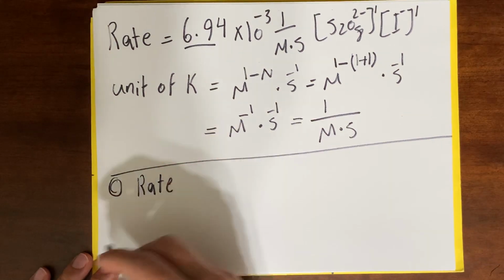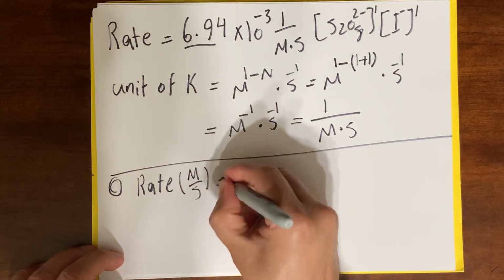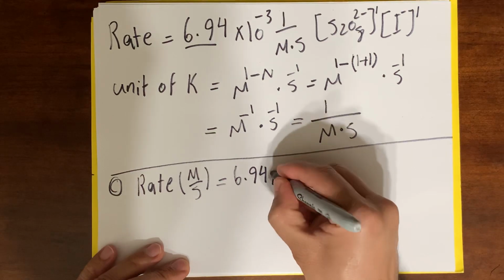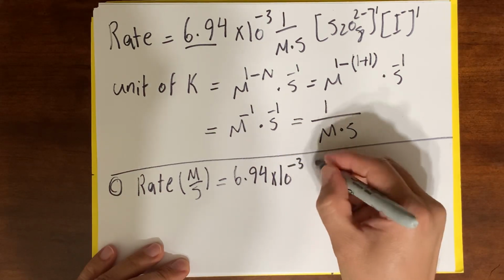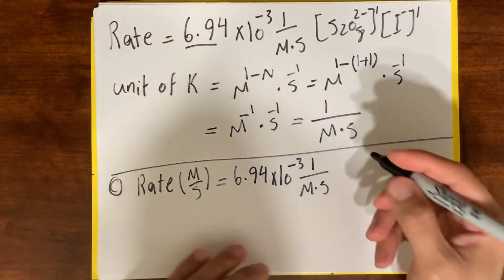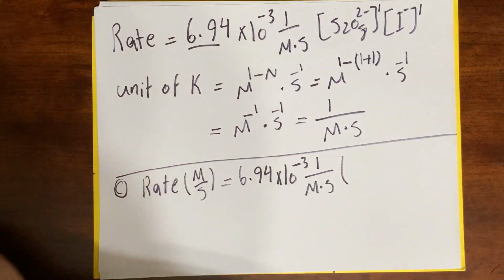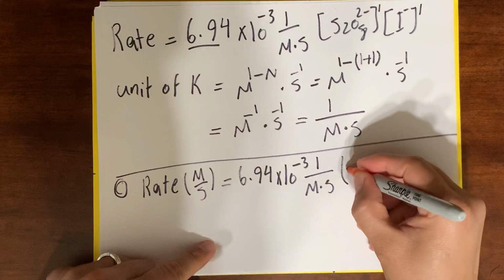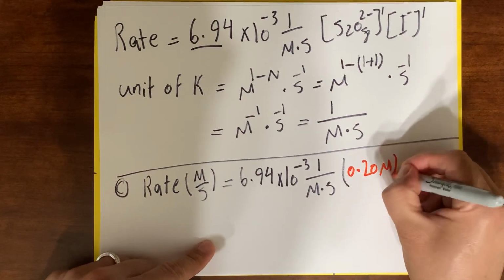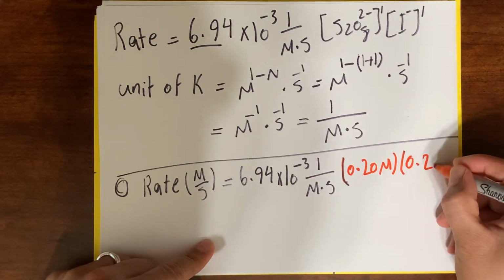Rate has a unit of molar over second. So we should get this one. K is 6.94 multiplied by 10 to the power of minus 3, and the unit is 1 over molar times second. Multiply by S2O8, which is 0.2 molar.